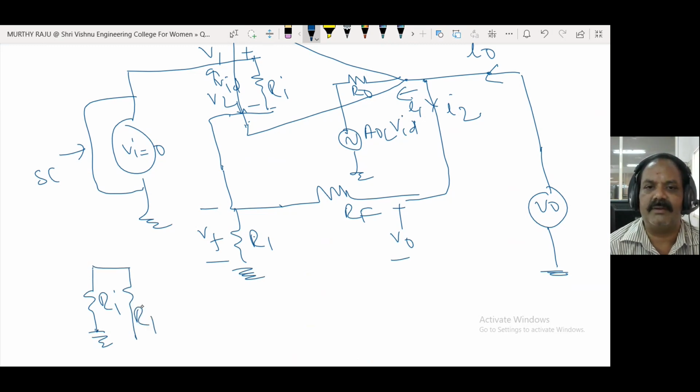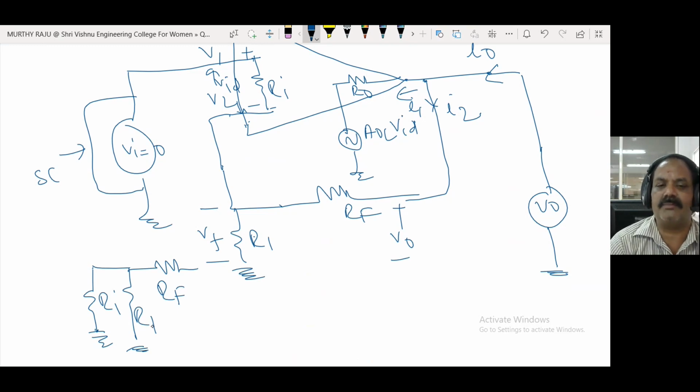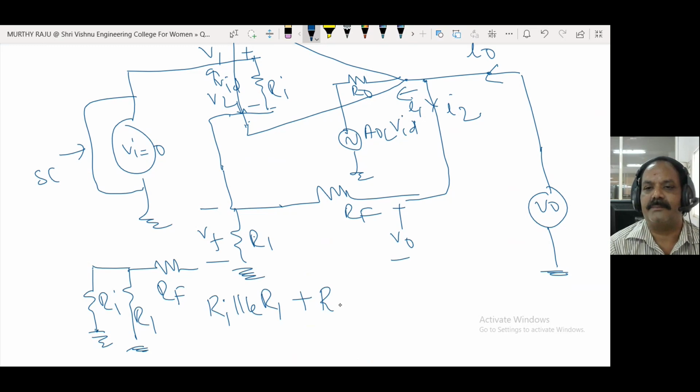These two are connected in parallel. High input resistance in parallel with low input resistance gives low input resistance. This one is RL in series with RA in parallel with R1 plus R plus RL. This is the series resistance now.